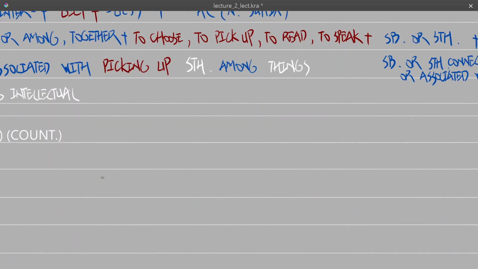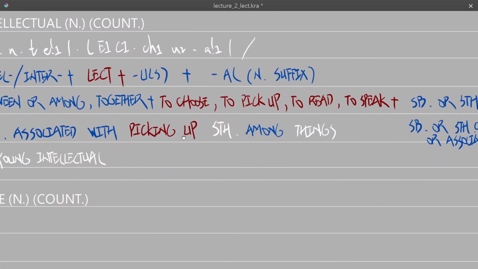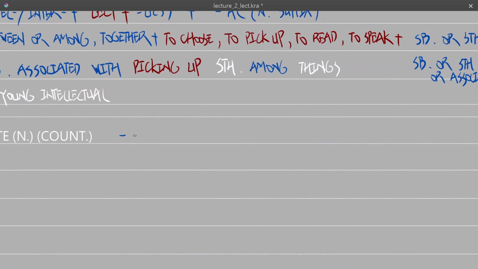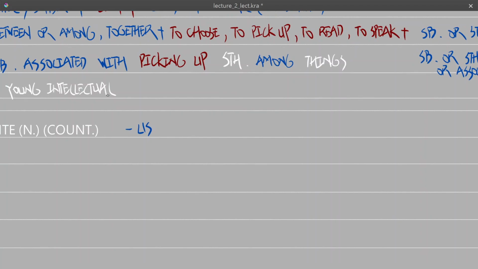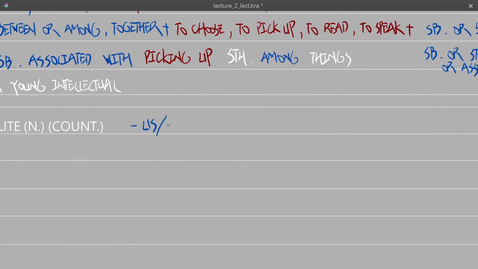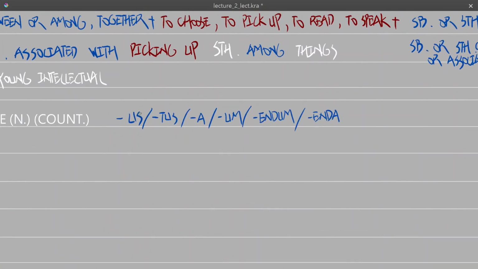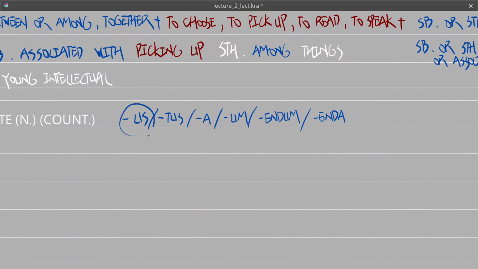Next, we have another suffix that's worth explaining. We have the suffix us. It has some variants like us, or a, or um. Three forms, and the basic component is these three.